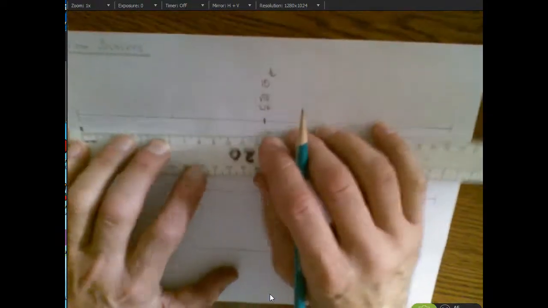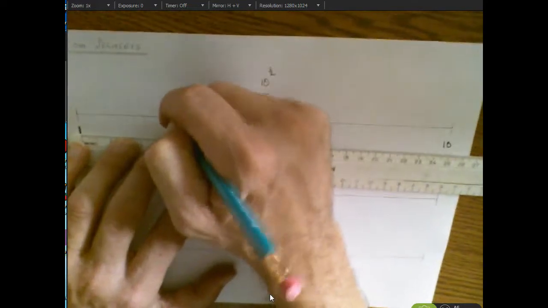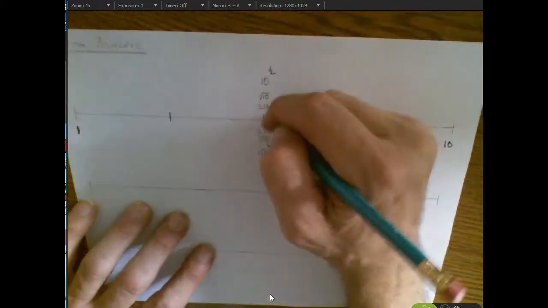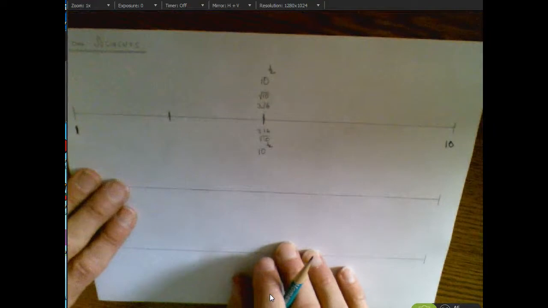I want to make sure my mark goes above and below the line, because we're going to use our scissors and cut this up in a little bit.